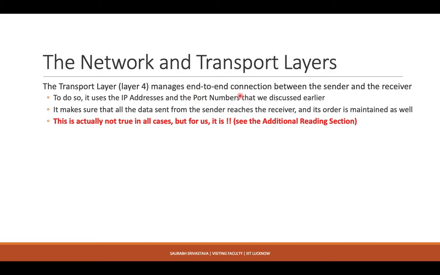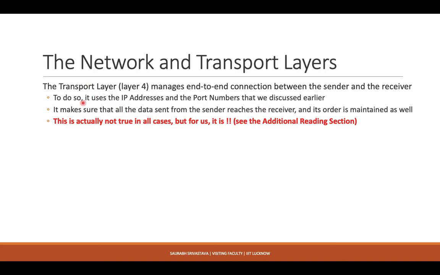And that is why port number is so important, because two machines can have more than one active connection between them. The IP addresses are going to be the same, but it is the port numbers that will change on either end. This is how the machines are able to differentiate between multiple connections.